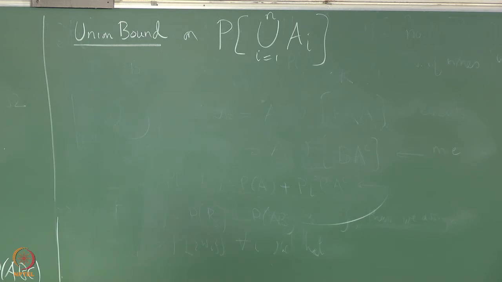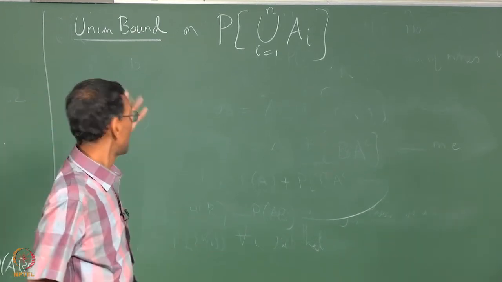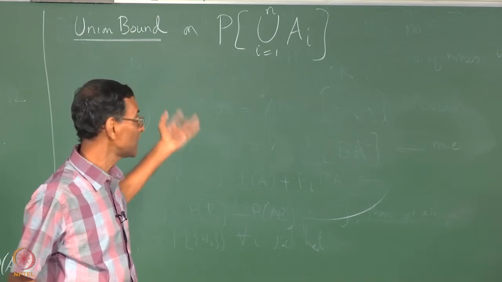Exact calculation means that we need the intersection probabilities for not just pairwise terms, we need intersection probabilities of events taken 3 at a time, 4 at a time, and so on. So how do we simply write a simple upper bound on this?